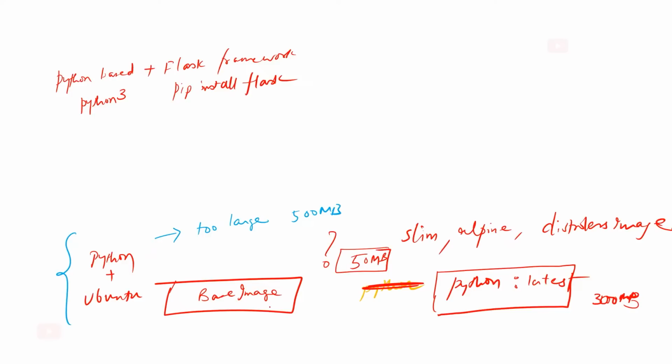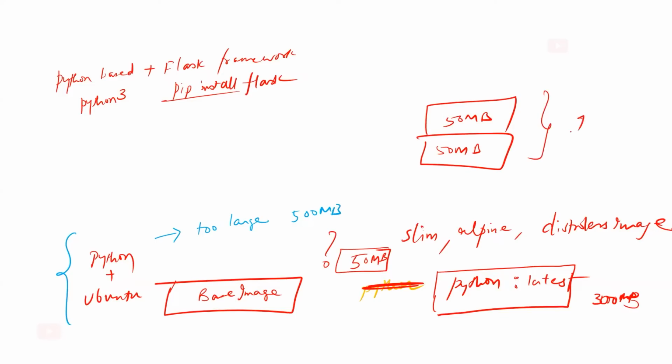You'll take that slim or Alpine image depending upon the requirement, and that 50 MB will be the base image with Python. On top of it, you'll install Flask, which might add 50 MB more. So your overall final image size will be even less than 150 MB.